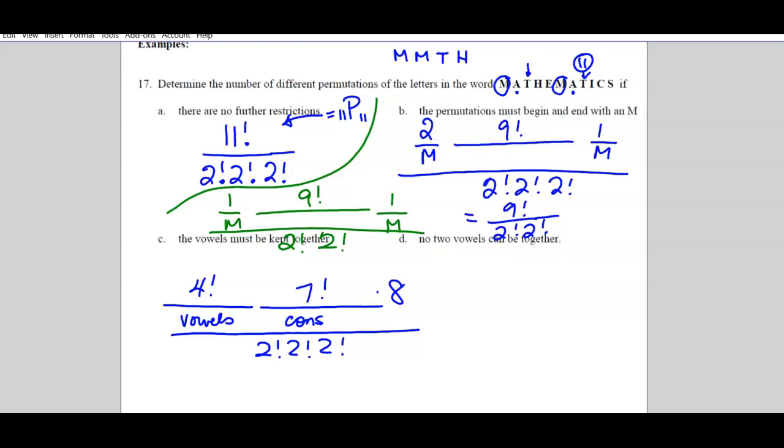So vowels together at the start, then consonants, and then this 8 gets the arrangement so that the vowels are anywhere together, and then I repeat. Okay? I guess you could go, okay, for the vowels there's a repeated A, so that too could go with this, and then the consonants, but it's the same deal, right? If you divide by 2 times 2 times 2, it's the same as this divided by 2, this divided by 2.